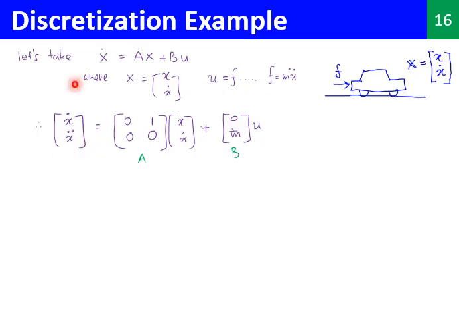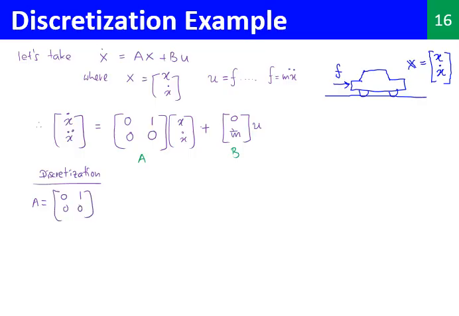So here we have the equation for the continuous time deterministic linear system. All right, so my next step would be the discretization. Okay, I need to discretize this to further analyze or implement estimation or control algorithm. So if you remember what we did, for A I have 0, 1, 0, 0.